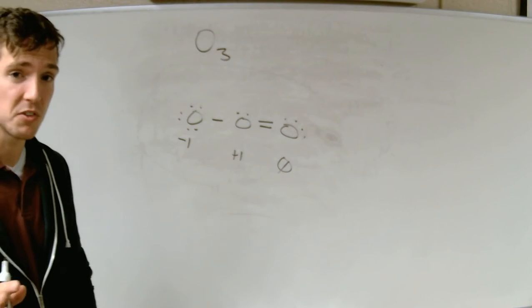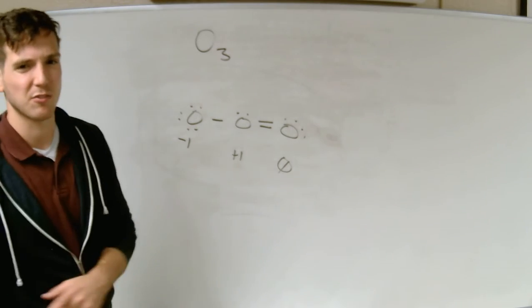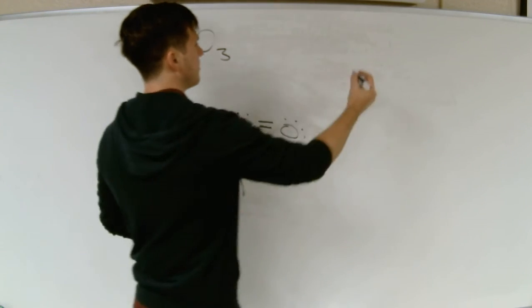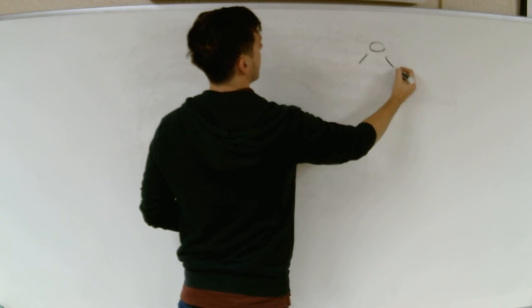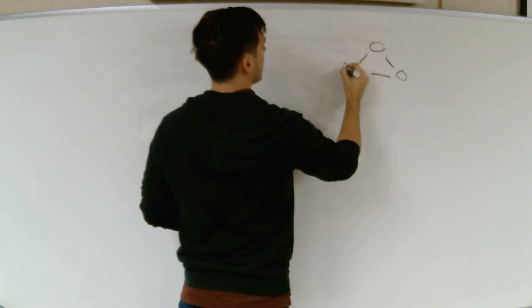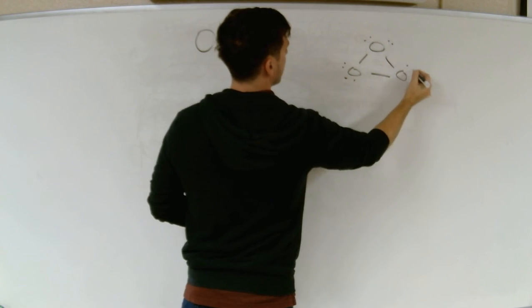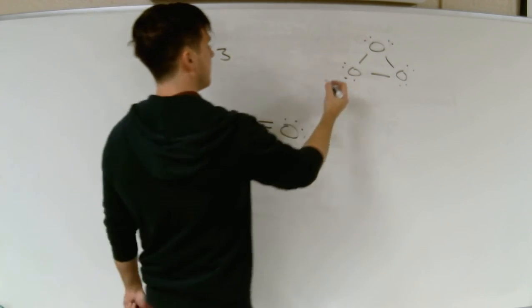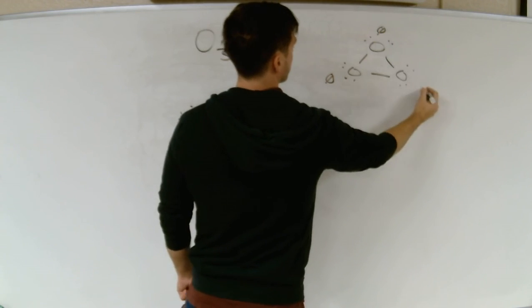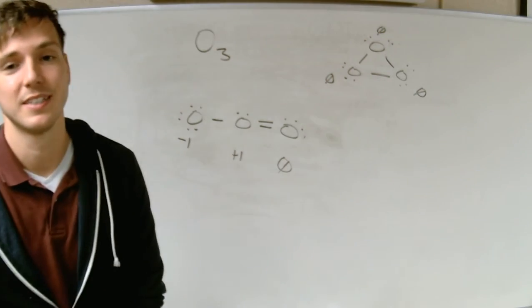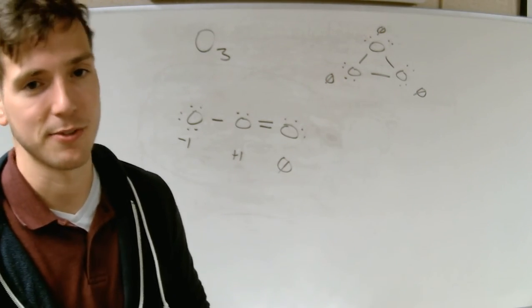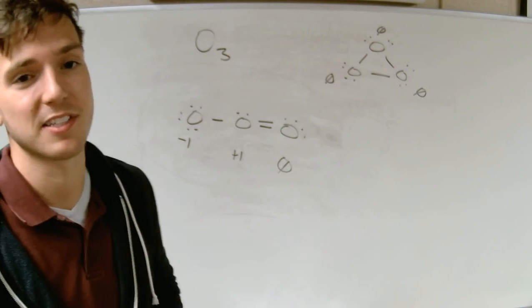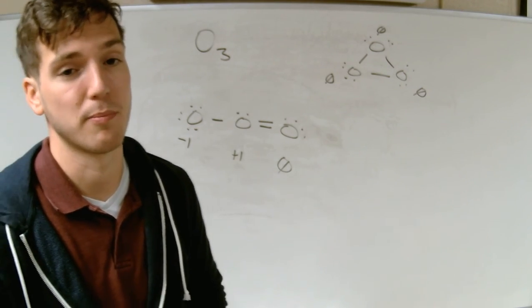But some of you may have thought, well, it doesn't have to be in a straight line. Couldn't I do this? And that truly is the best resonance structure, right? 0, 0, 0. The only problem is that it can't do that in nature. In theory, that's the best Lewis structure that you could possibly have.